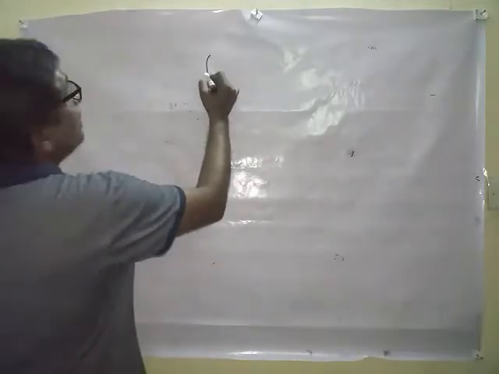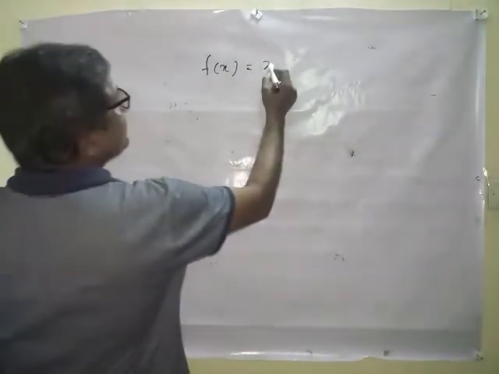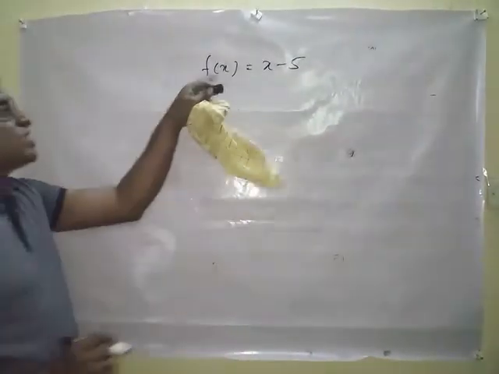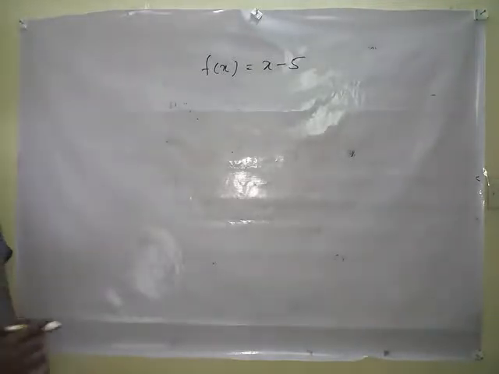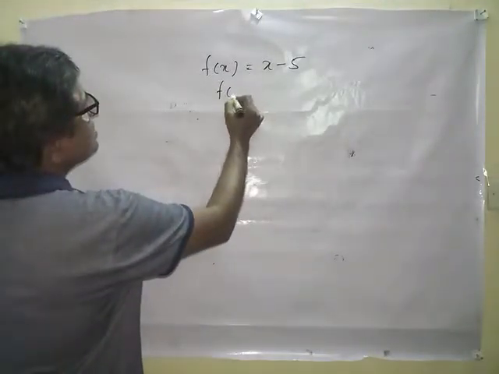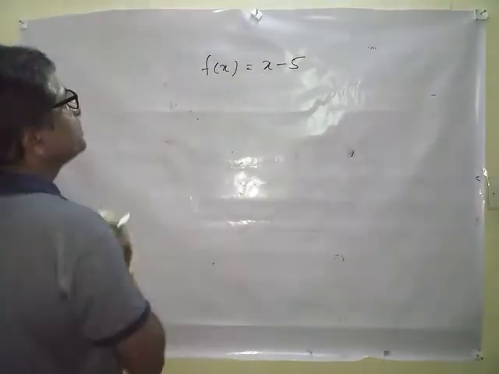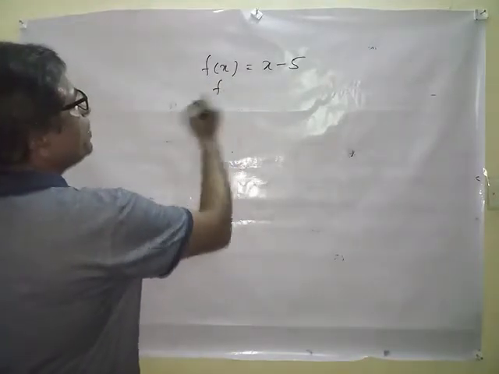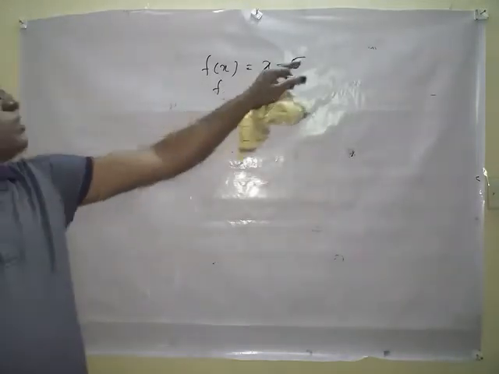Here is another example. If you are given f(x) equal to x minus 5 and asked to find the zero or root of this equation, it is simple. If you put the right value of x here, this expression becomes 0.